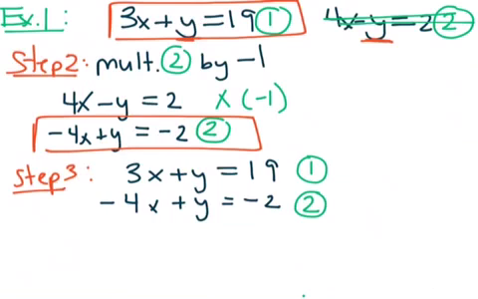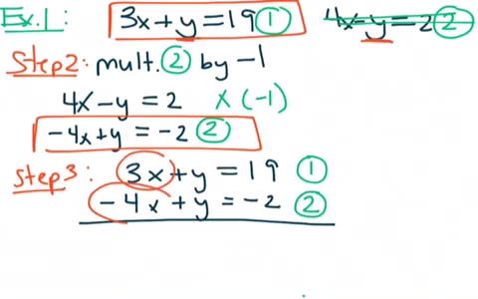Okay, so this is how you subtract. Once they're written one on top of each other, write a little subtraction here. So I'm going to do 3x minus negative 4x, and that is just 3 minus negative 4, which is just 7x.